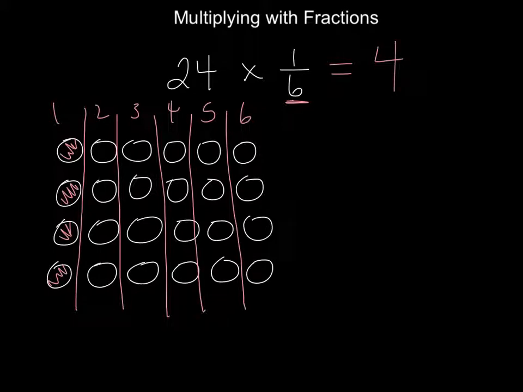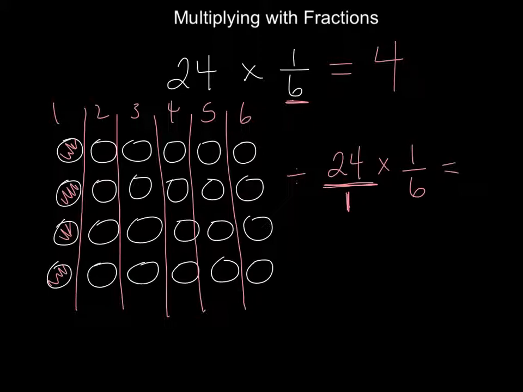To show that mathematically, 24 times 1/6, I need 24 to be a fraction. In order to make a whole number a fraction, I'm going to put a 1 underneath it, because I know 24 divided by 1 is still equal to the whole number 24.